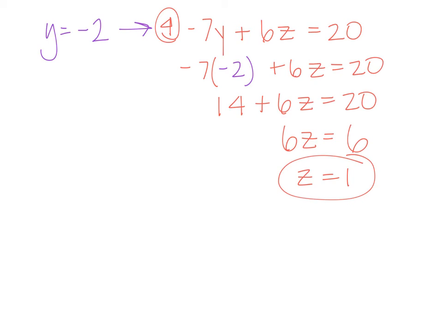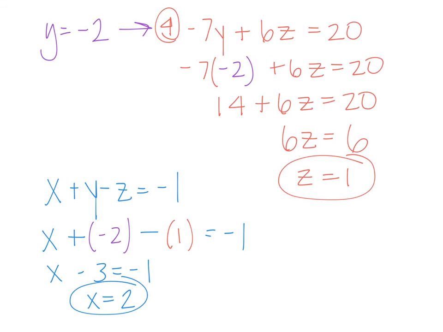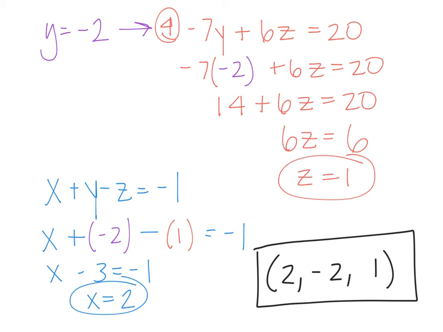Now I'm going to take z and y and plug that back into one of the first equations that I started with. The first one seems easiest, so let's do that. When I solve that out, I get x to be 2, so my final solution is going to be a point in 3D space, so it's going to have 3 different dimensions: 2, comma, negative 2, comma, 1.